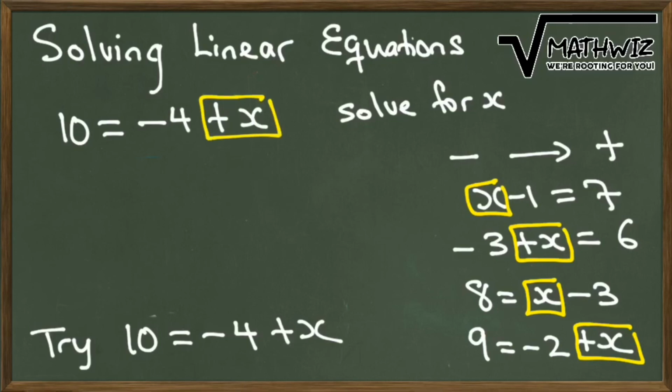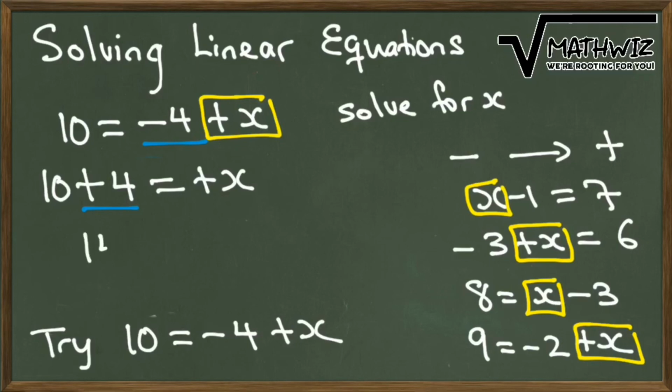We're looking for x. So the minus 4, when we take it across, will become plus 4. So 10 plus 4 is 14, and that would be equal to x.